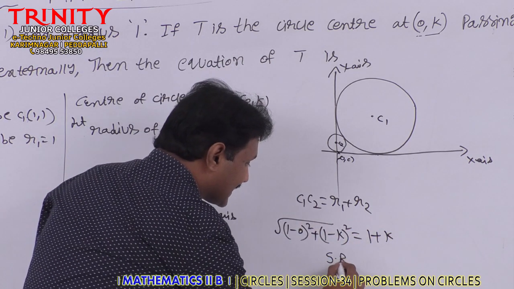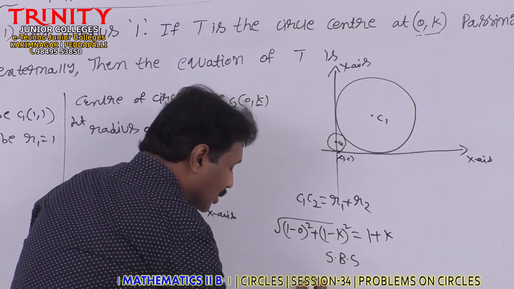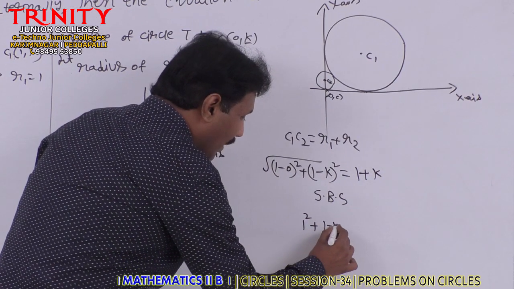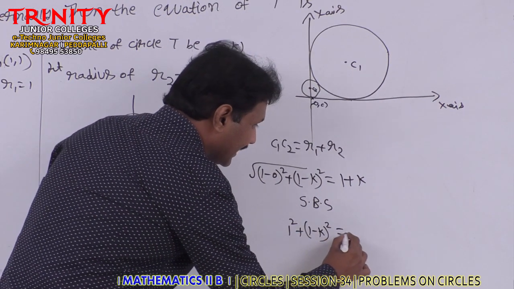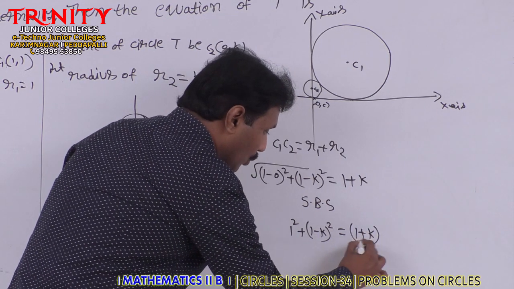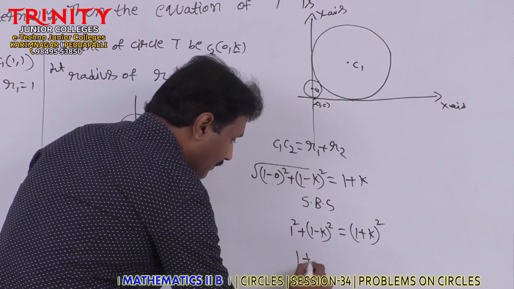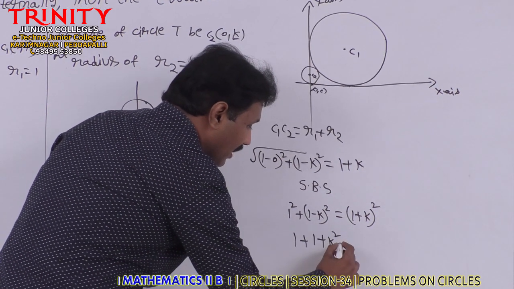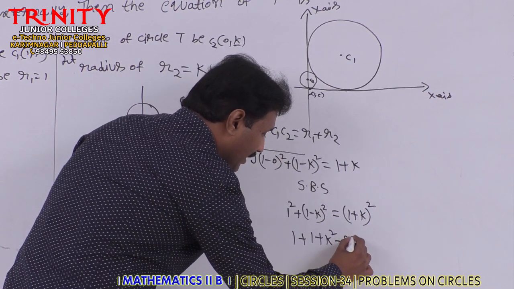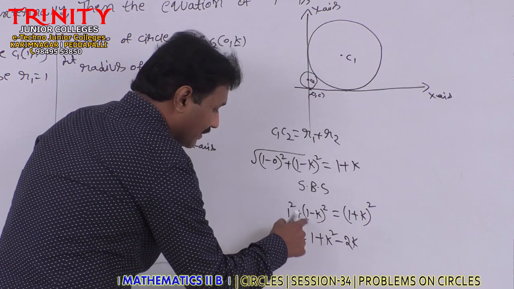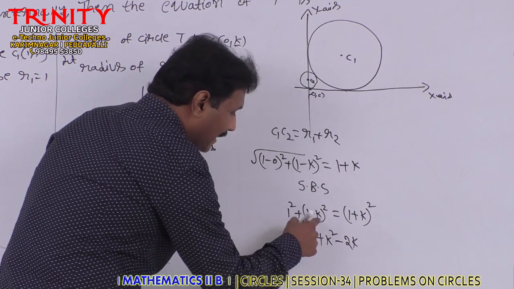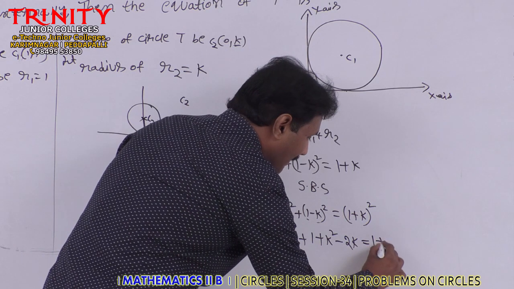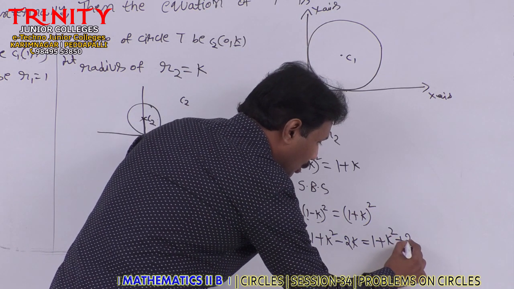Squaring on both sides: 1 squared plus (1 minus k) whole squared equals (1 plus k) whole squared. Using (a minus b) squared equals a squared plus b squared minus 2ab, we get 1 plus k squared minus 2k, and using (a plus b) squared, 1 plus k squared plus 2k.